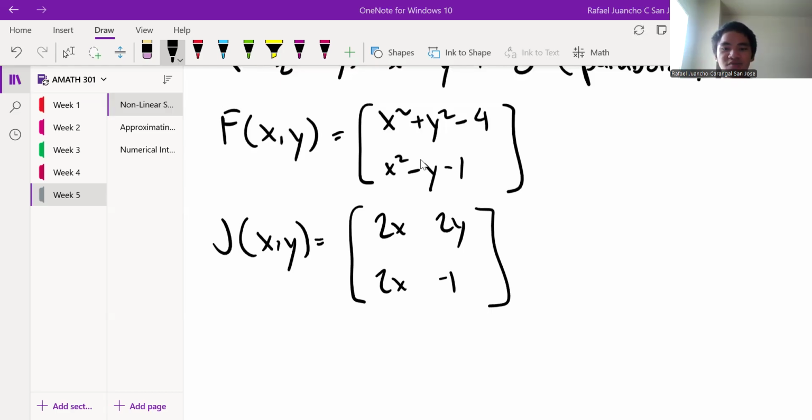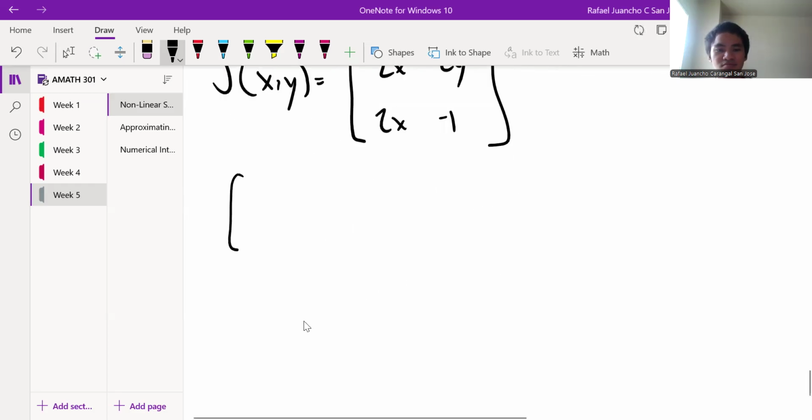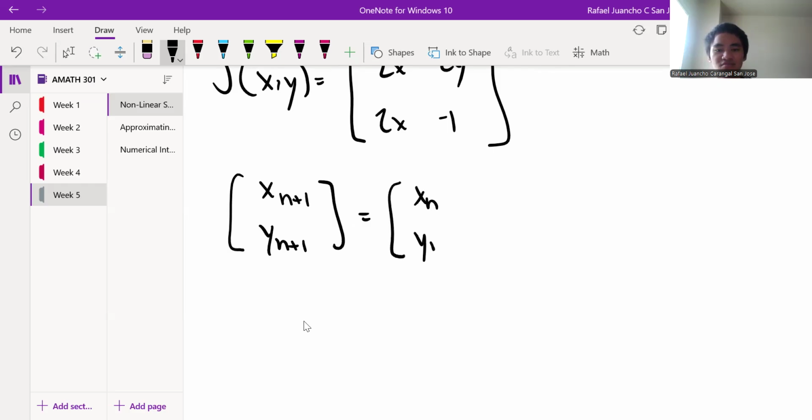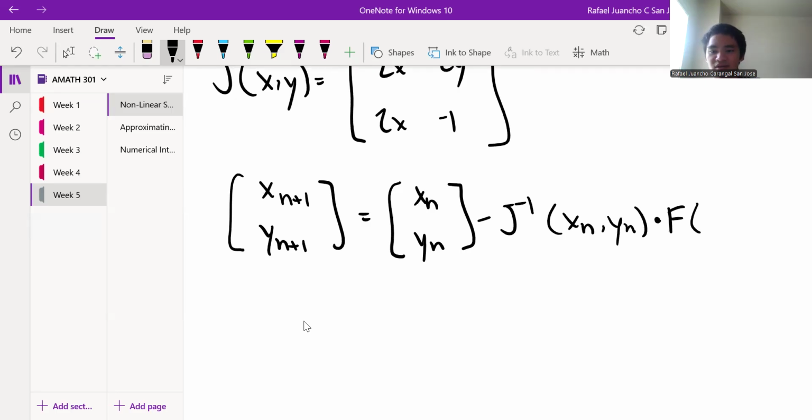And then from there, I use my formula. So that's going to be x n plus 1, y n plus 1. That's going to be equal to x n, y n minus J inverse of x n, y n multiplied by my f of x n, y n, right?